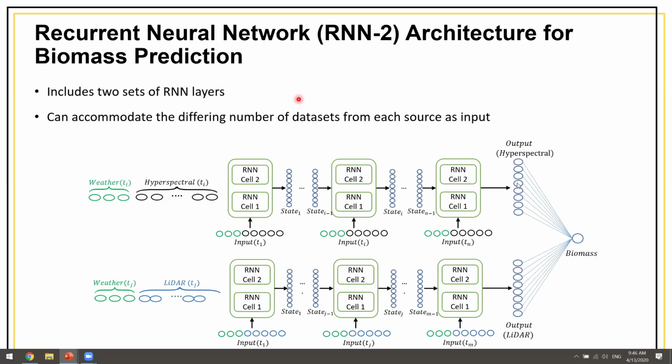So what we did, we modified the network a little bit so we can have two different parts. One part for hyperspectral data, where the input vector would consist of hyperspectral and weather data. And the second part, which is similar to the first part, only the input is from LiDAR and weather.